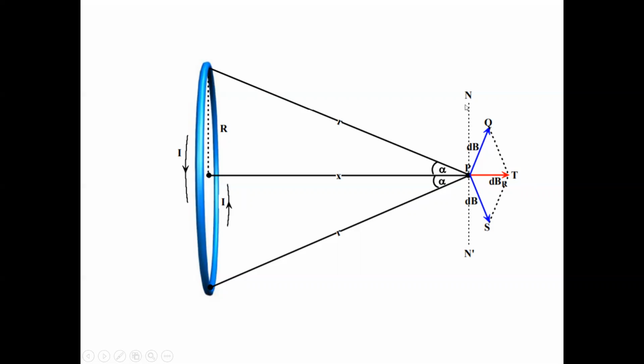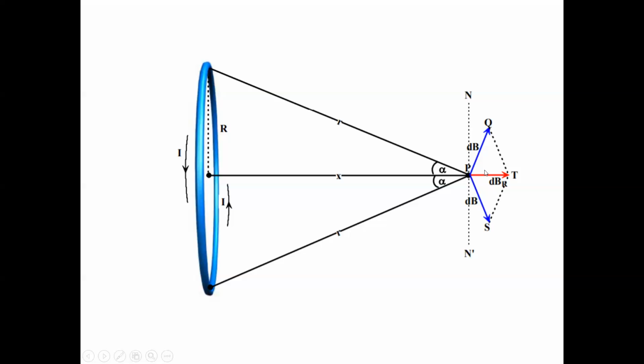NPT is equivalent to 90 degrees. Clearly, NPQ value is alpha. Then automatically QPT value is equivalent to 90 minus alpha.